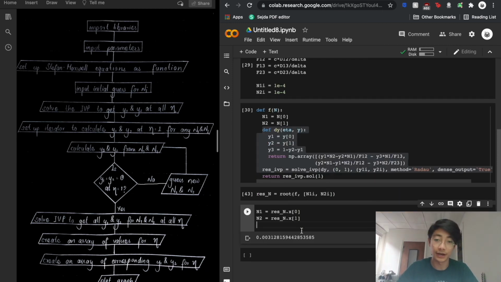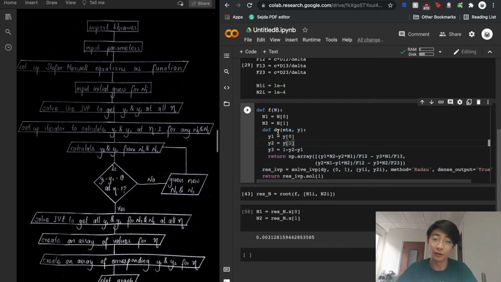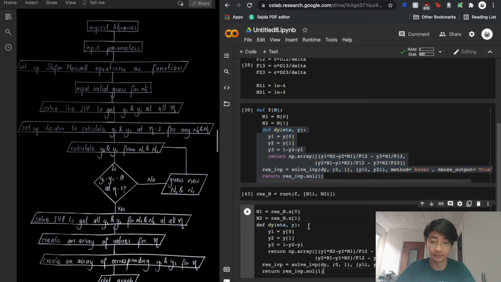Now that we have our actual values of n1 and n2 assigned to these variables, what we'll do is solve this IVP one more time, but this time with the actual values of n1 and n2. So we have already written down our IVP solver, so what we're going to do is simply copy and paste that part. Let's copy that and paste it here. We don't need this part.